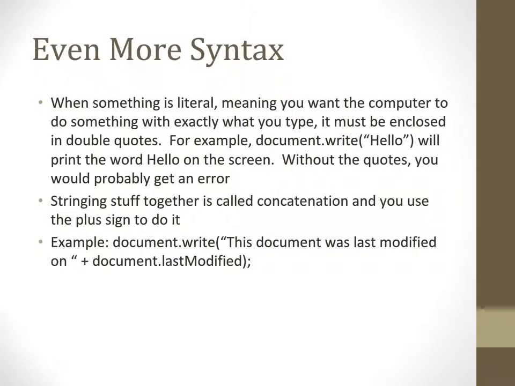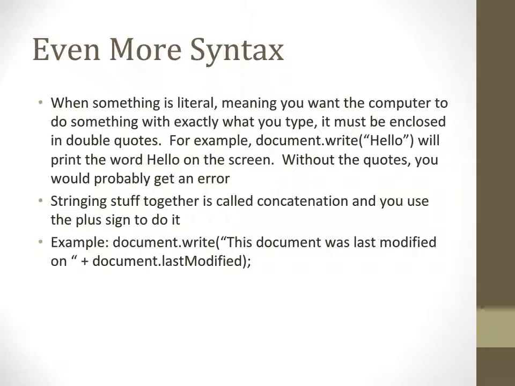Okay, last set of rules for now anyway. We're going to talk about the use of double quotes. I talked about it in an early example, but when you literally want the browser to print something using document.write, you're going to enclose that in double quotes.